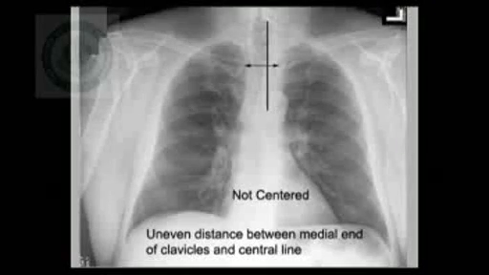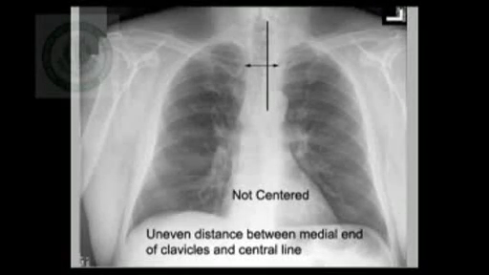Now this slide shows that this particular X-ray is not centered, as you draw a line along the spinous process of the vertebrae that forms the central line of the patient's body, and the medial ends of the clavicles should be at equidistance from the line. Now this particular X-ray shows the right clavicle is away from the midline, so it is not centered properly. So whatever the impression that it gives, the trachea shifted to the right, is not valid.